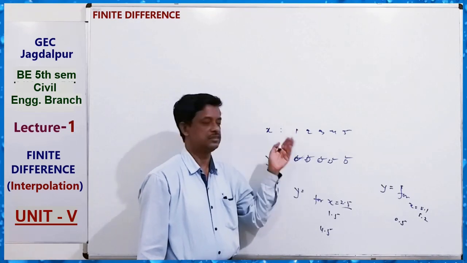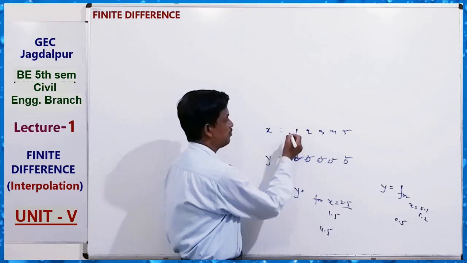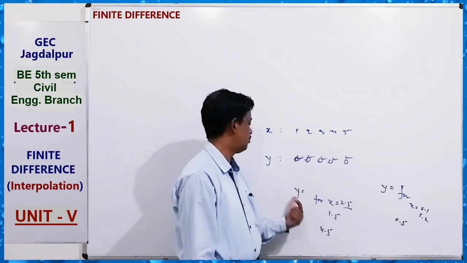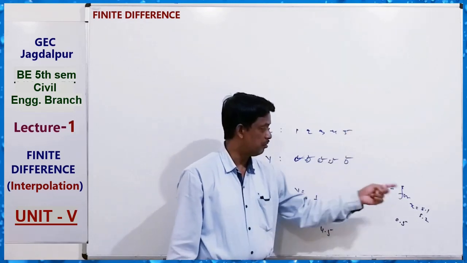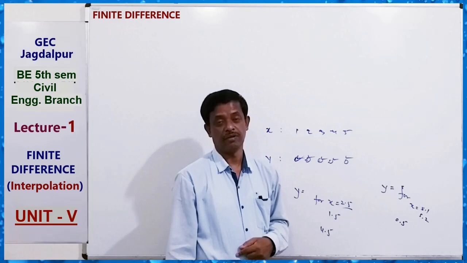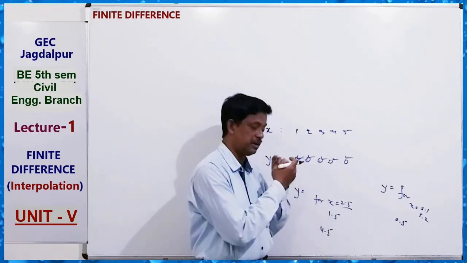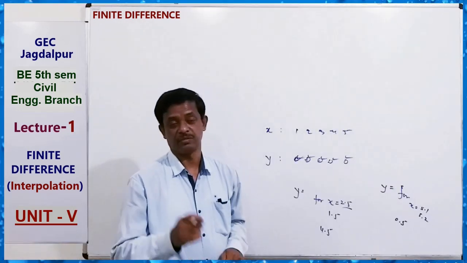Outside this range, since this starts from 1. So for 0.5, what will be the value of y? For 5.5, what will be the value of y? For finding that type of value for given data, the process is called extrapolation.